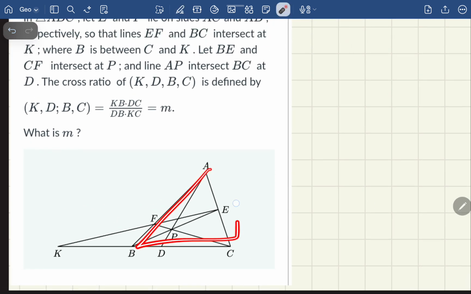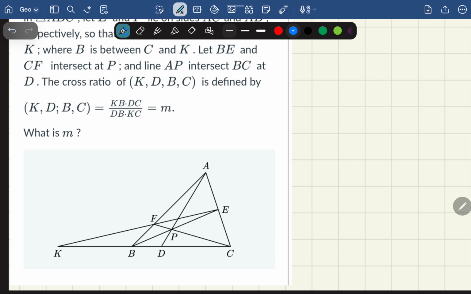This looks like a problem where we can use Menelaus off the bat. Right? So we can just set up our Menelaus with K as our outside point. So what does this become? CK over KB. And note that we do have a KB, we do have a CK, which suggests Menelaus is a good idea.